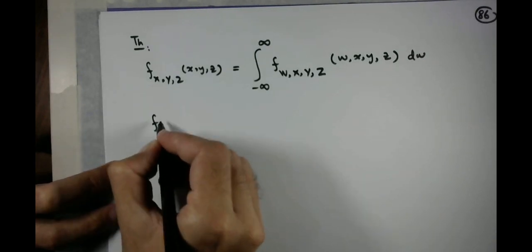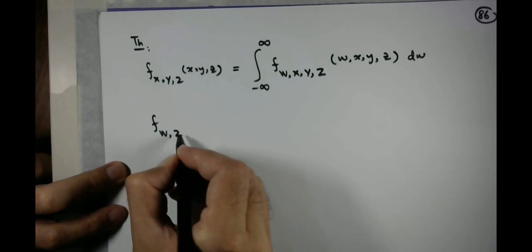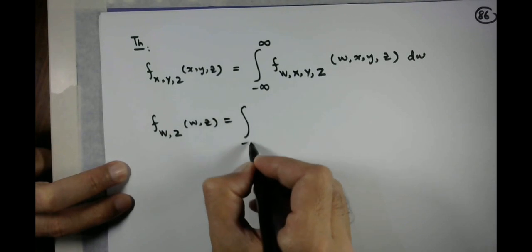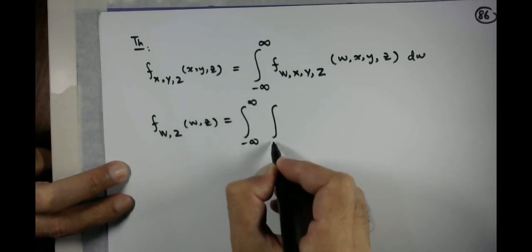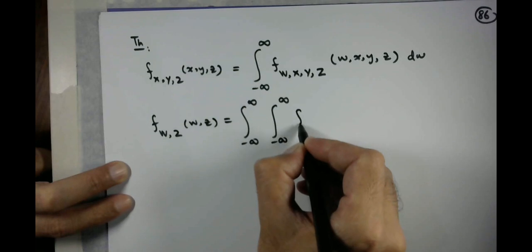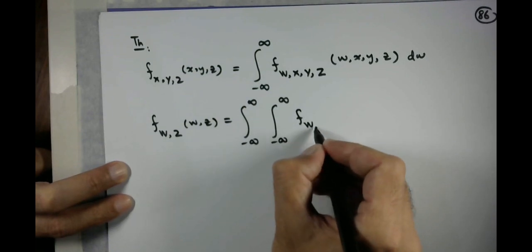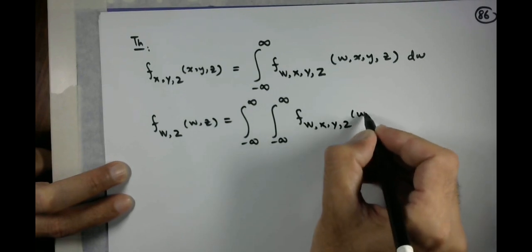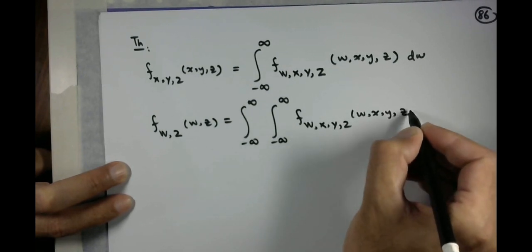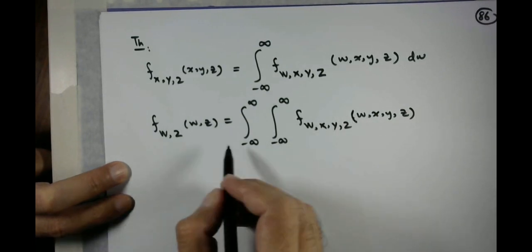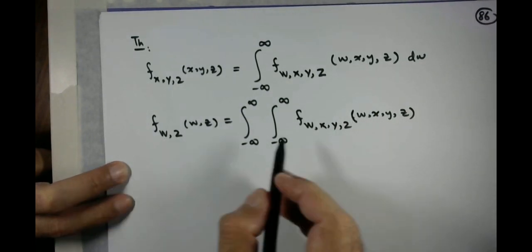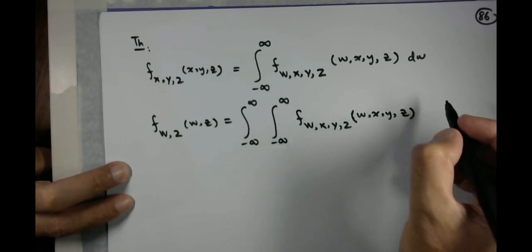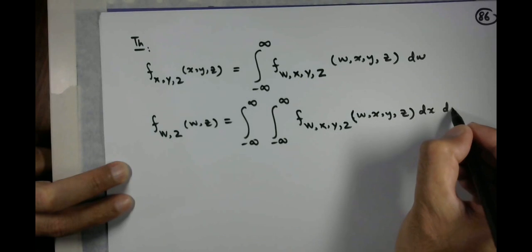But if you want to find a marginal distribution of say two random variables w and z, then you will have to integrate the giant distribution or the giant PDF f sub w, x, y, and z, w, x, y, and z on two variables which are not here but here. So except w and z, we have x and y. So you will have dx and dy.